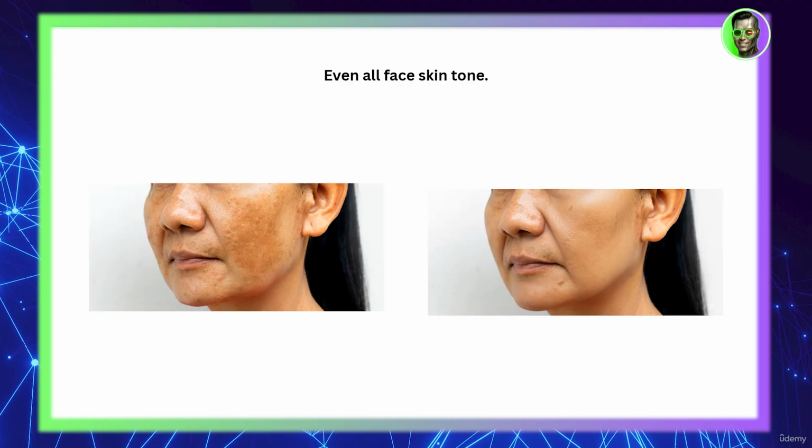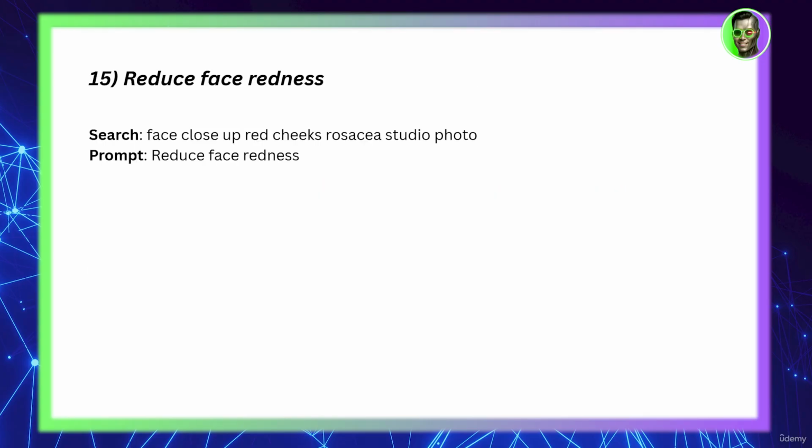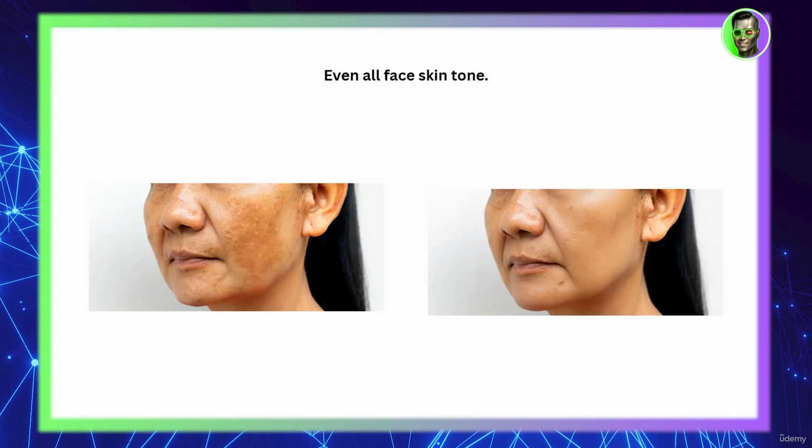If you wash your face with water a lot in the sun, your skin goes dry. Every time you keep washing your hair, your face, the skin goes dry. That can leave these types of scars or skin tones. So with this prompt, even all face skin tones, you can see that we evened it out.